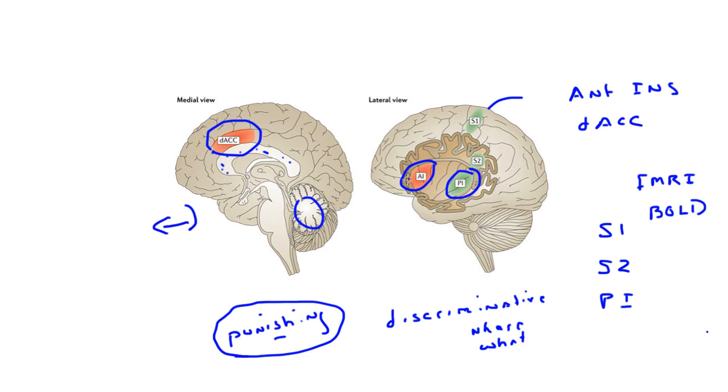They'll report it didn't hurt so much, maybe a 4 out of 10, and you'll see the dorsal anterior cingulate and the anterior insula, their activity, their BOLD signal, decrease. Whereas if you do something that's annoying and now the pain gets greater, people report 7 instead of a 5 on the pain scale. The anterior insula, the dorsal anterior cingulate, their activity goes up. Their BOLD signal increases. Right?